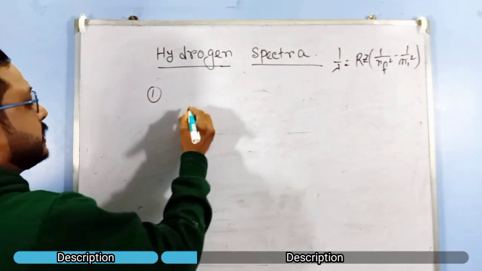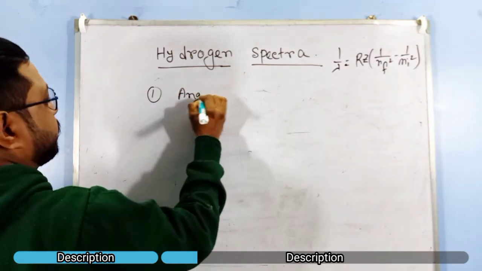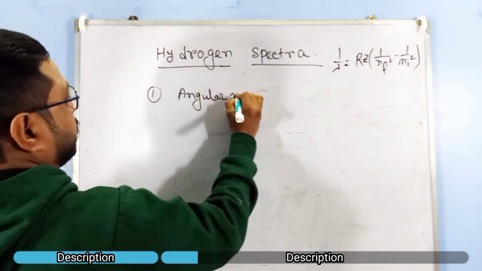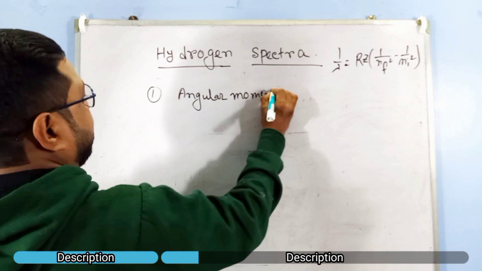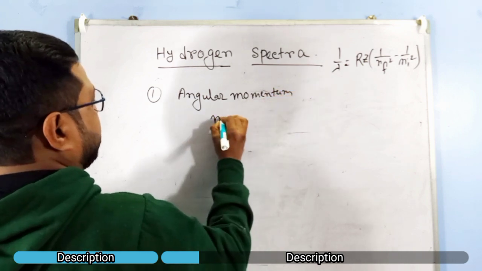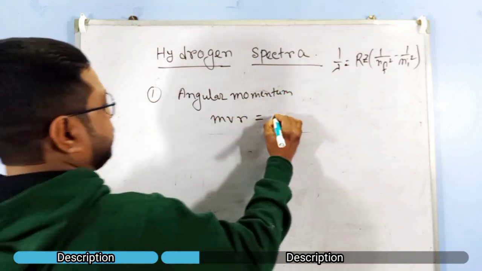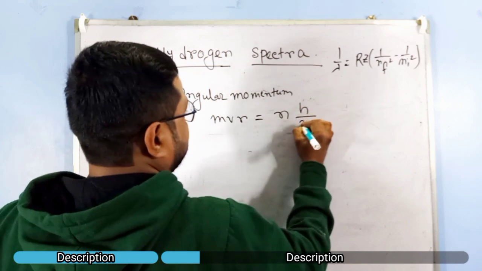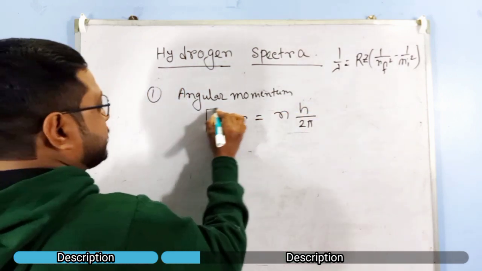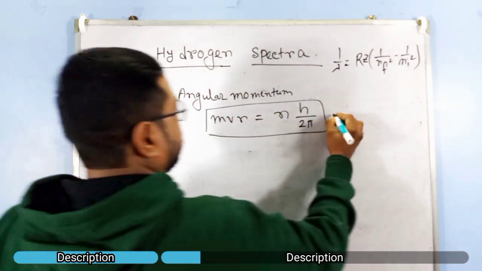Only the orbit in which the angular momentum, that is mvr, is an integral multiple of h divided by 2 pi is called a stationary orbit.